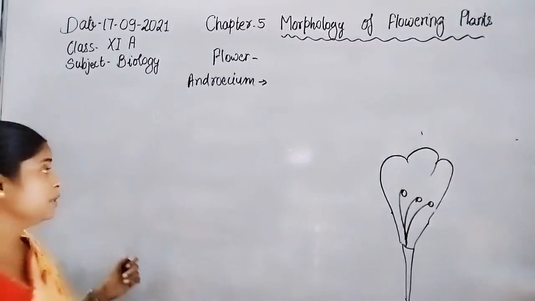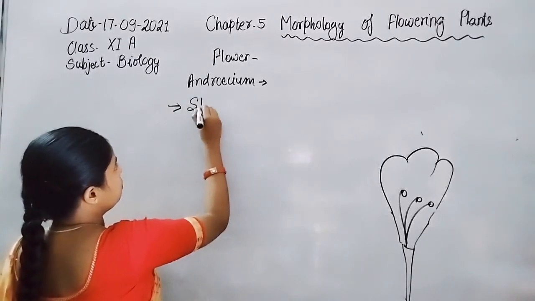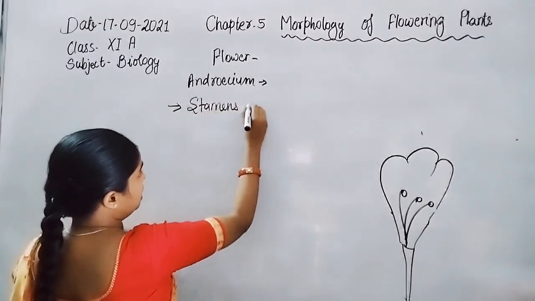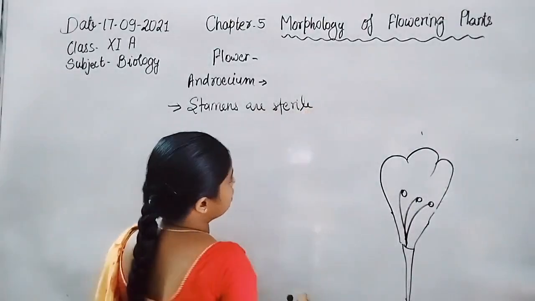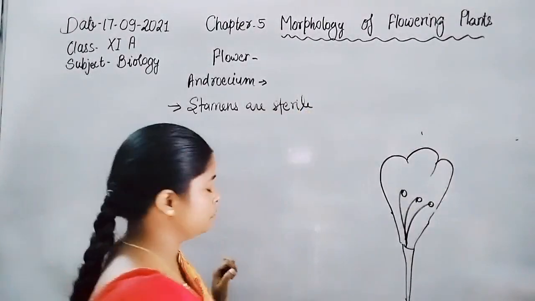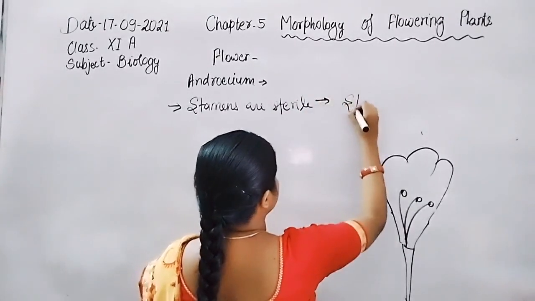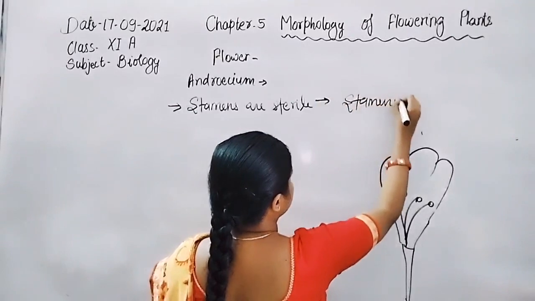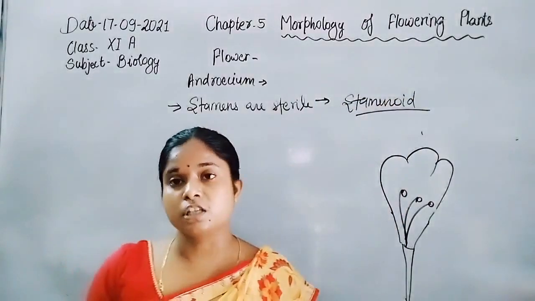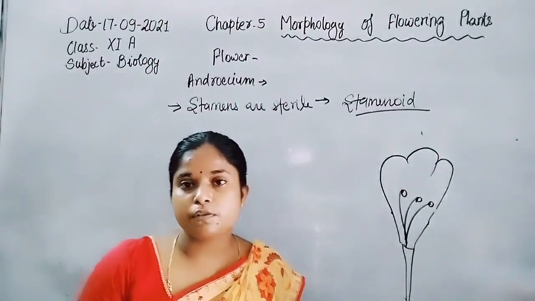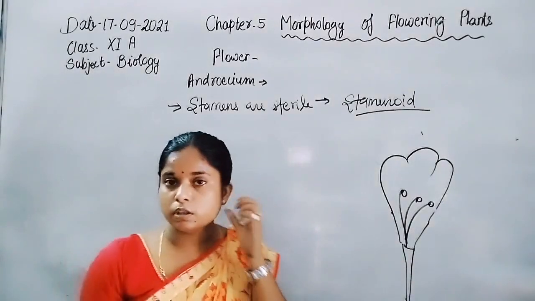When stamens become sterile, such stamens are known as staminoid. If sterile stamens are present, they are known as staminoid. So here is the overall about the androecium.